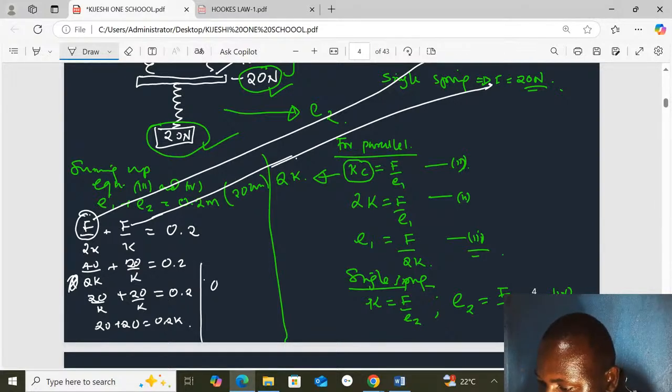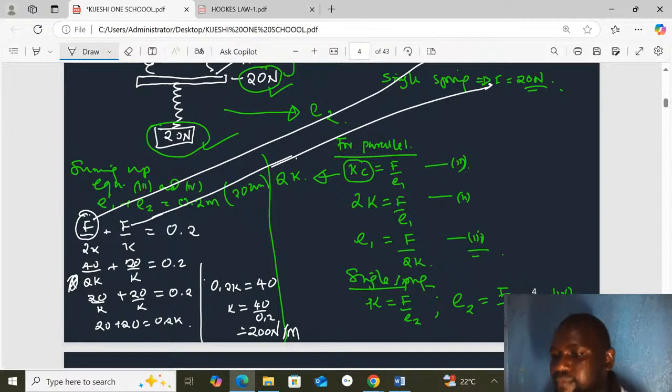This is 0.2K, which is equal to 40. Therefore, our K will be 40 divided by 0.2, and we arrive at 200 newtons per meter. That is the way for that working. It is simple.